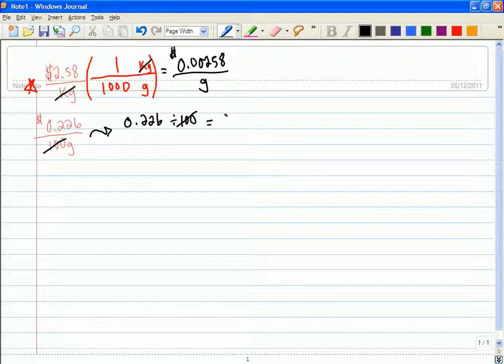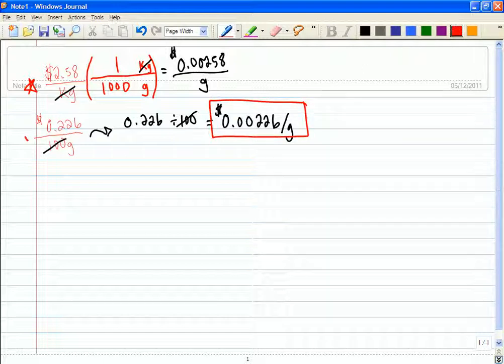That'll be 0.00226 per gram. So when you compare them, this is the cheaper rate here. When you make your comparison, as long as your units are the same, you'll be okay. The last comparison we're making is in dollars per gram on both of those.